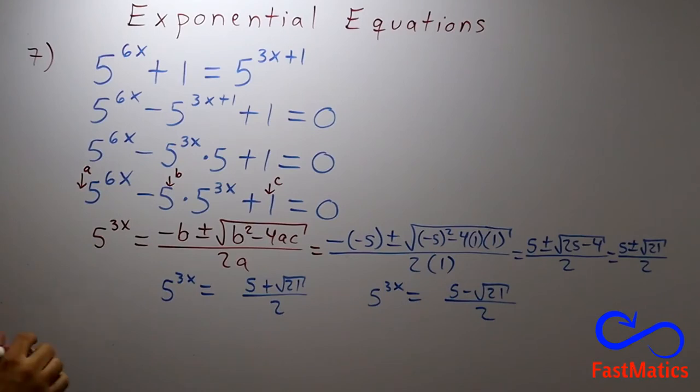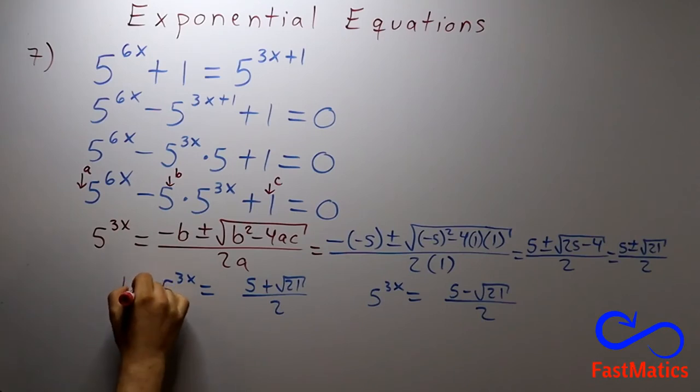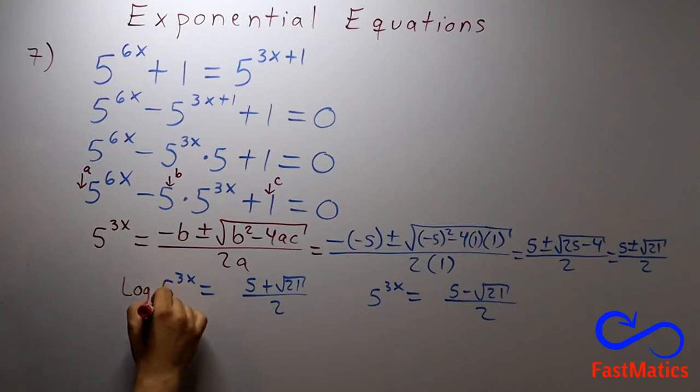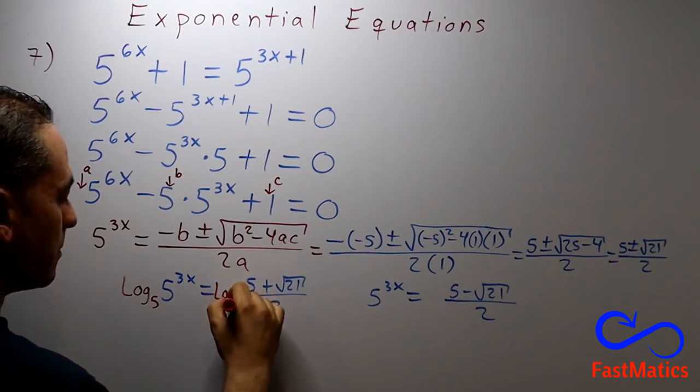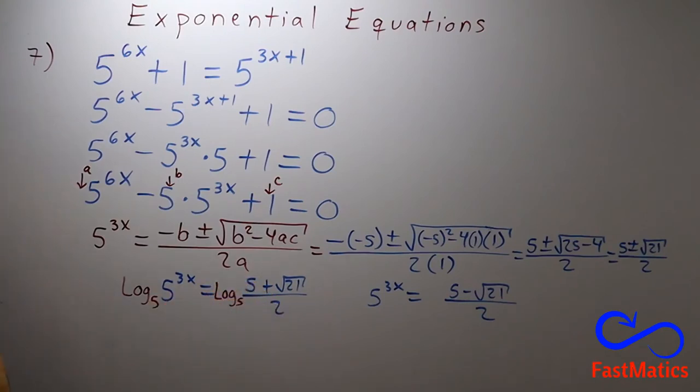Then, how are we going to eliminate this base 5? Well, we are going to put logarithm base 5 on the left side and logarithm base 5 on the right side.